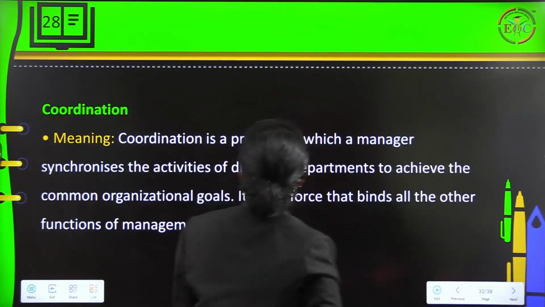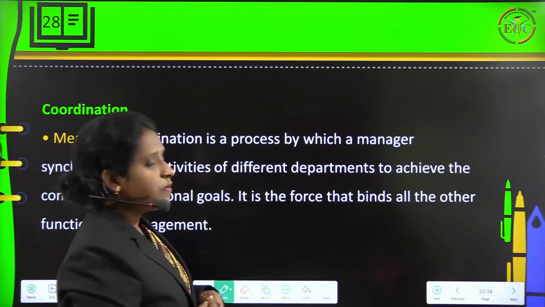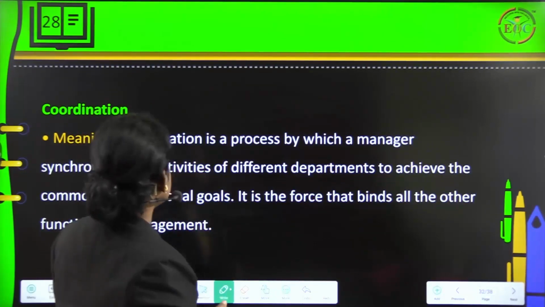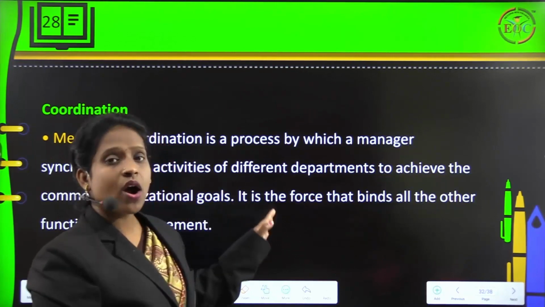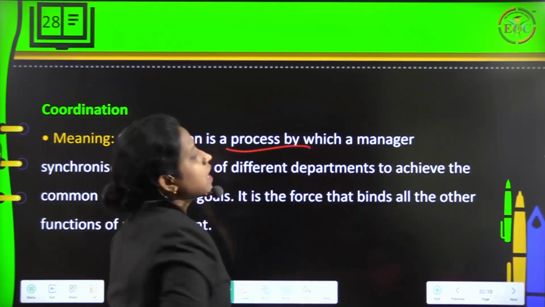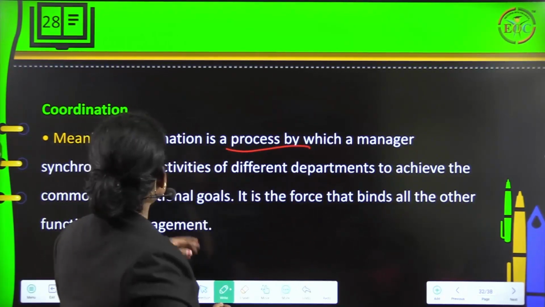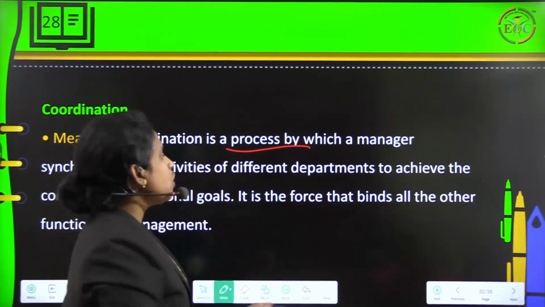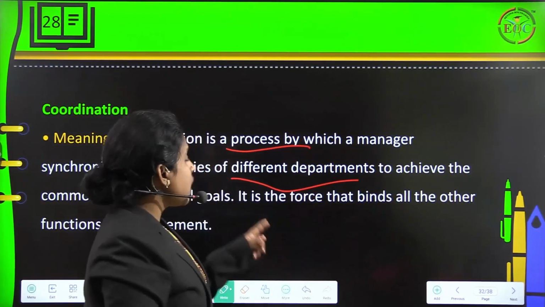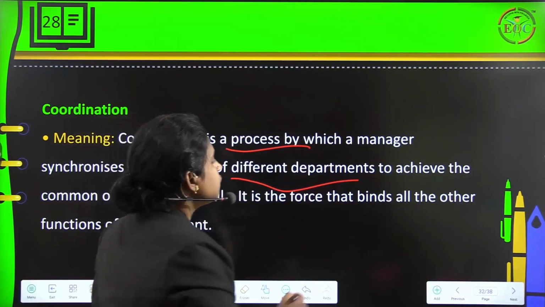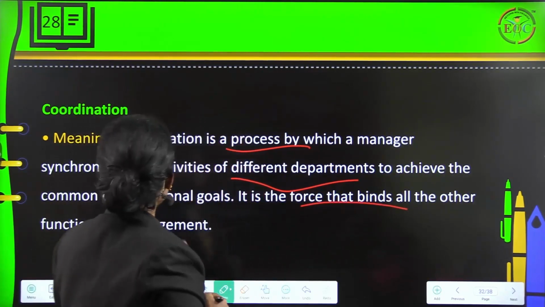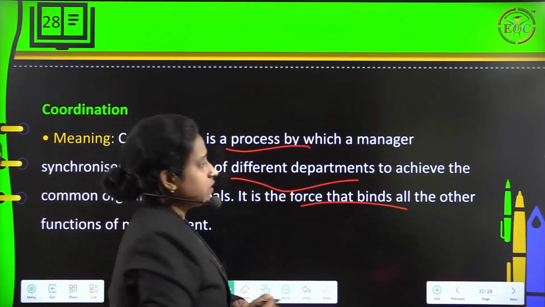Okay. Then let's discuss coordination. What is the meaning of coordination here? Coordination is a process by which a manager synchronizes the activities of different departments to achieve the common organizational goals, right? It is a force that binds all the other functions of management.